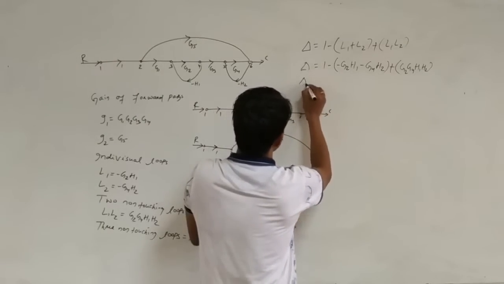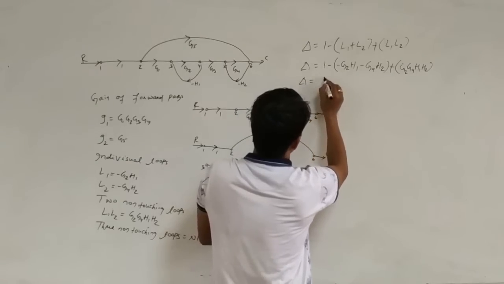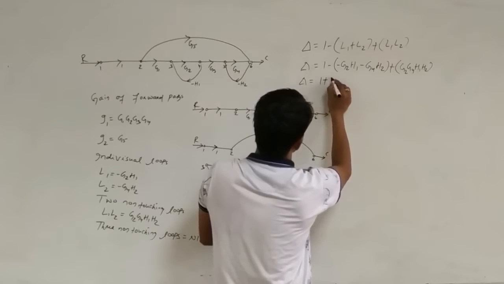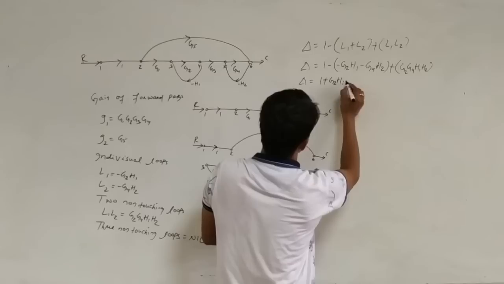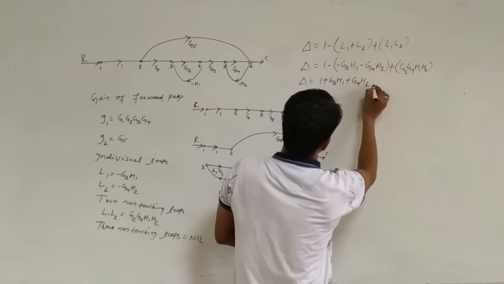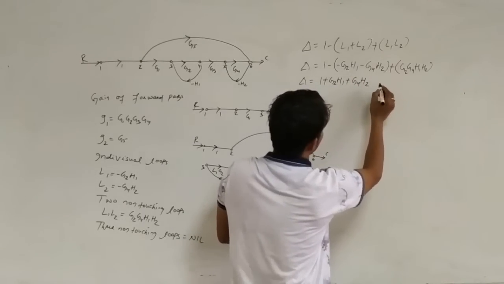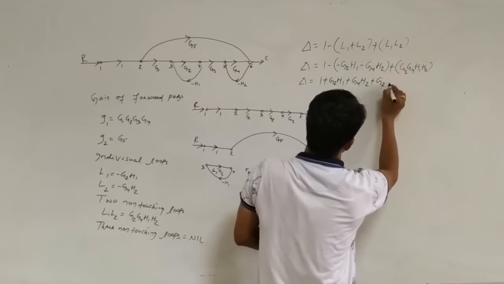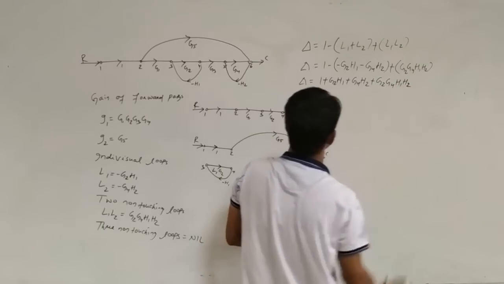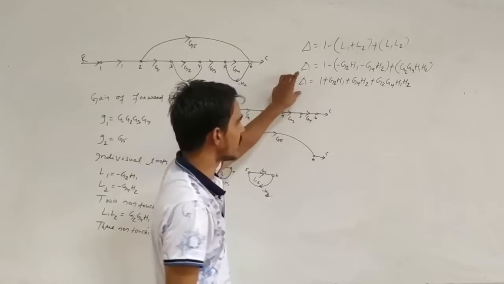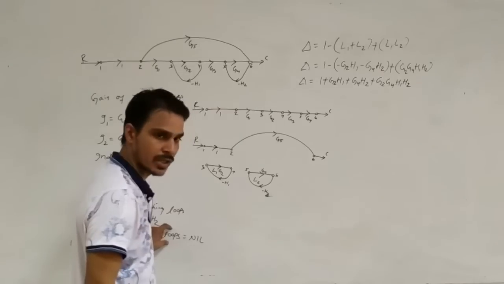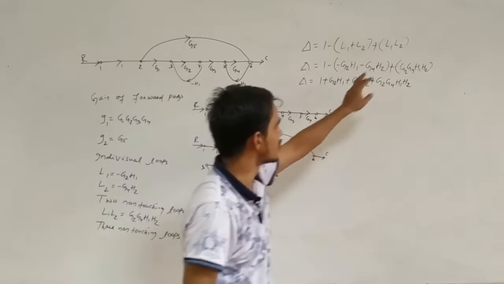So delta equal to, minus multiplied, so 1 plus G2 H1 plus G4 H2 plus G2 G4 H1 H2. So this will be the delta value. Since there are no three non-touching loops, we have not considered them here.